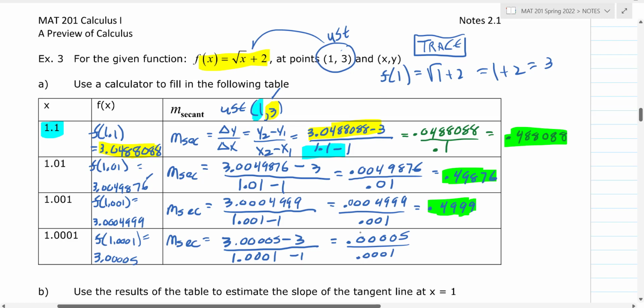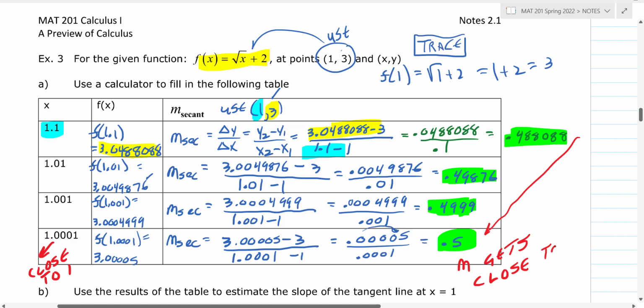That's going to have the effect of moving the decimal over 4 places, so you get 0.5. Okay, and what I want you to see on this is these numbers, they're getting closer to 0.5. Okay, and what's happening on this is x is getting close to 1, and then the slope gets close to 0.5.